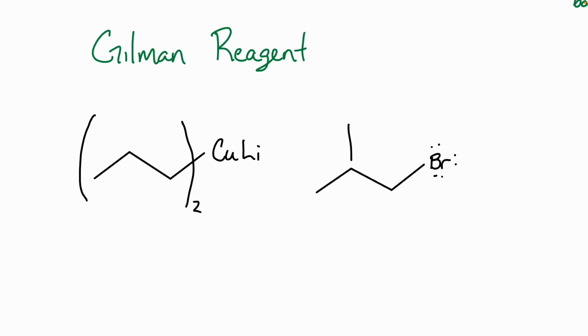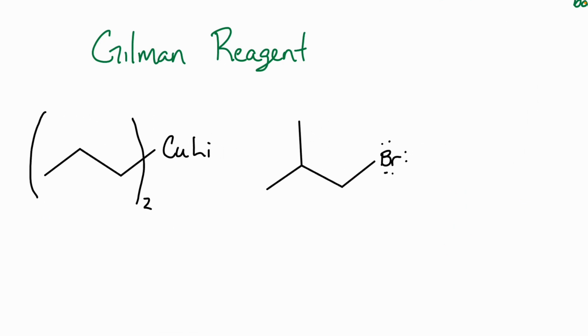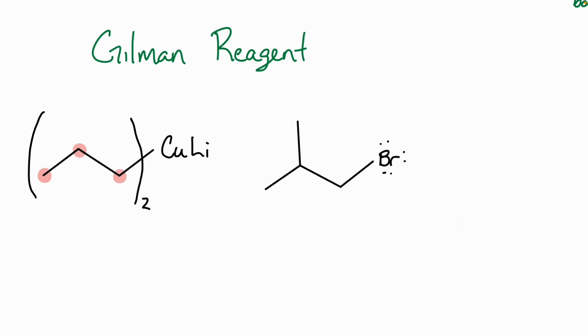Let me make this distinct here. All right, so I'm again going to be creating a new carbon-carbon bond with my organometallic reagent. I have these 3 carbons that I'm going to attach to these 4 carbons here. I'm creating a new carbon-carbon bond.